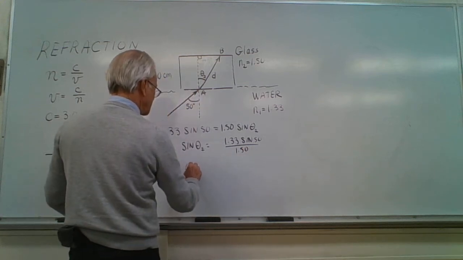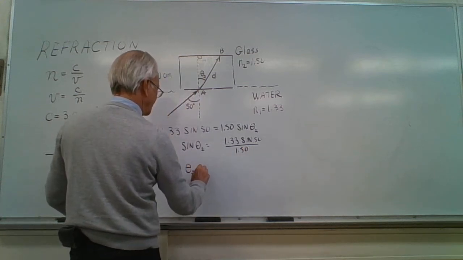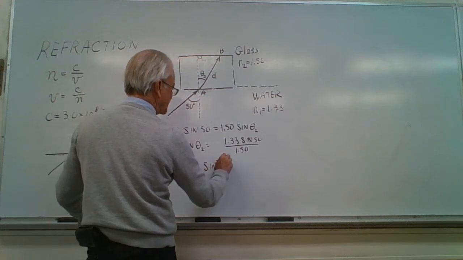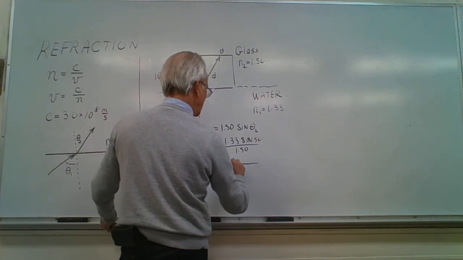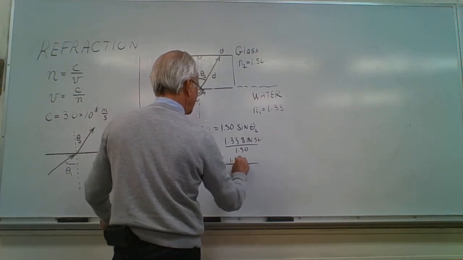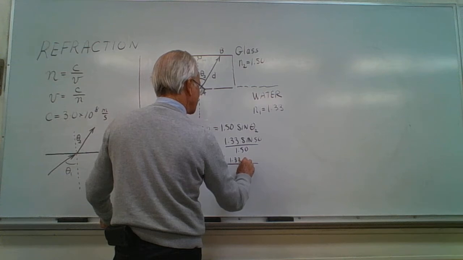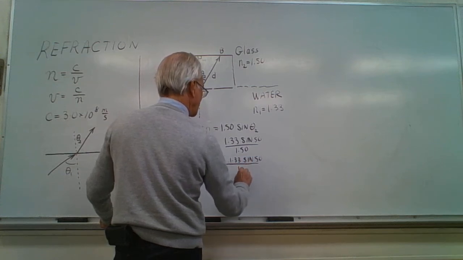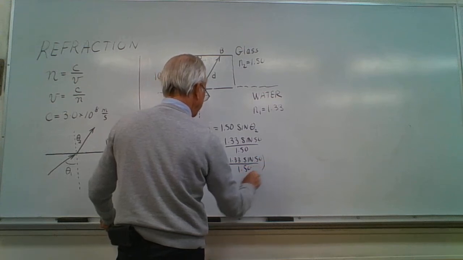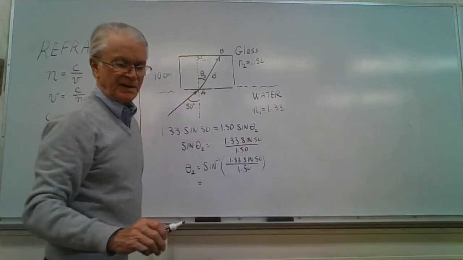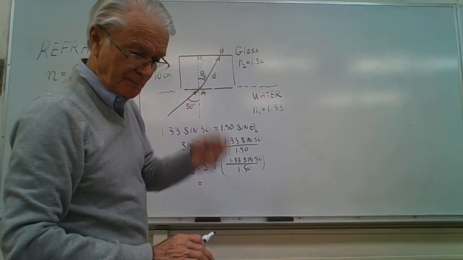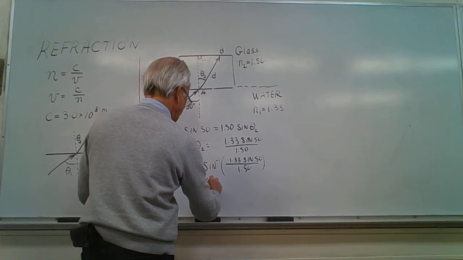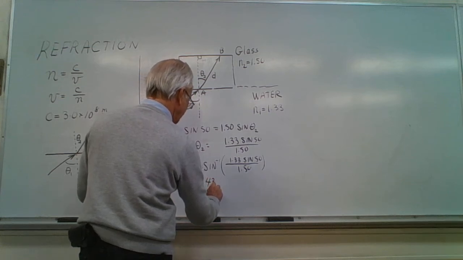That means that theta 2 is the arc sine, or you can say inverse sine, of that ratio: 1.33 times the sine of 50 divided by 1.50. From that, I get 43 degrees, rounded to the nearest whole degree.